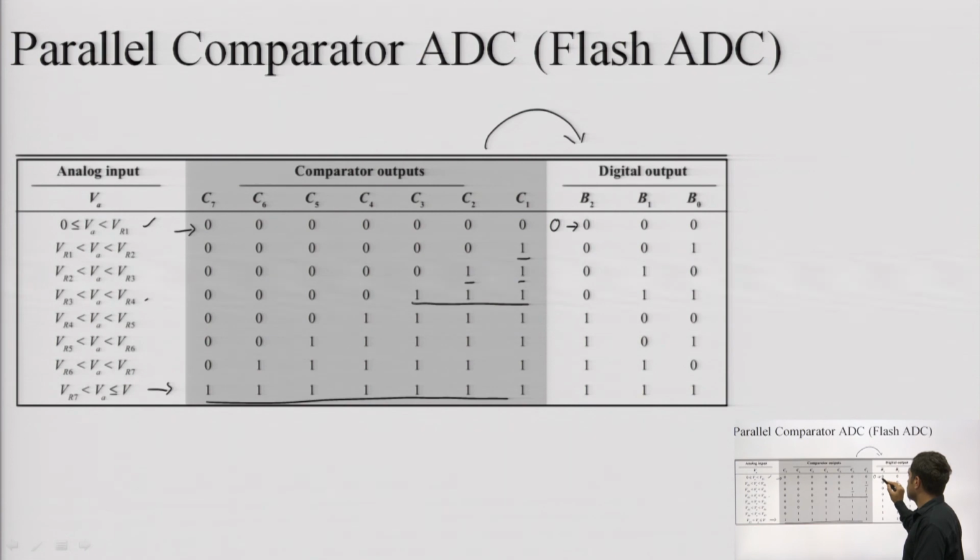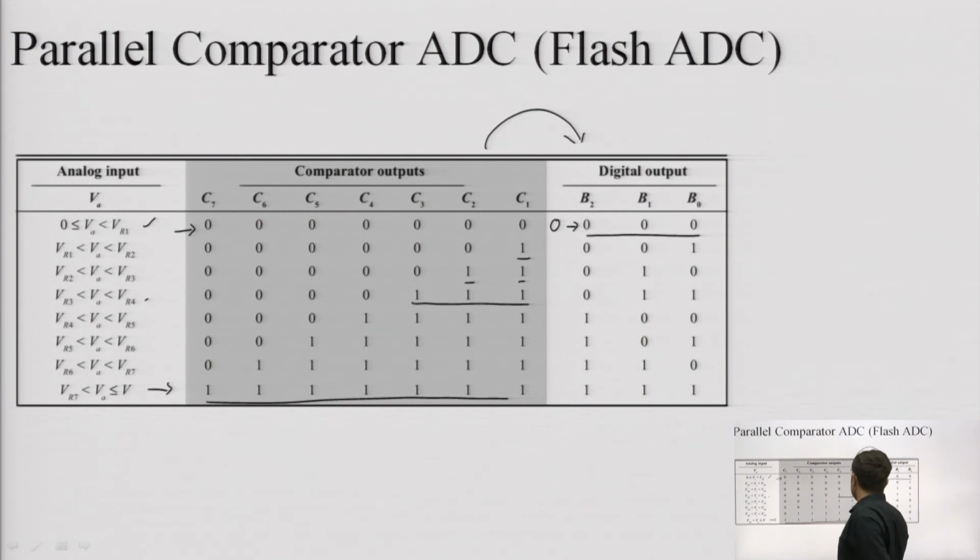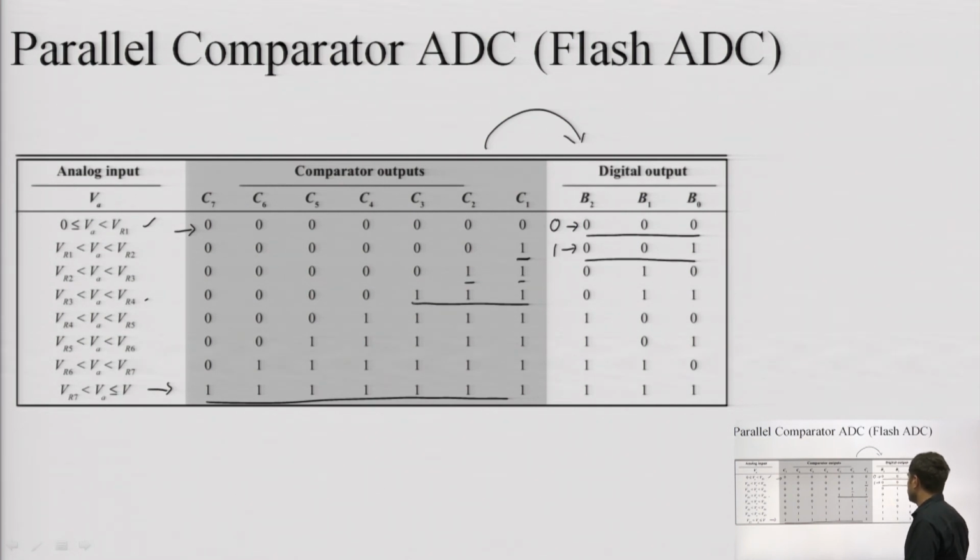So 0 translates to 000 in binary. Then C1 is 1, meaning a single comparator is giving me high output, so we have 001. Similarly, two comparators giving high output corresponds to 010. Then when 3 comparator outputs are high, it becomes 011.